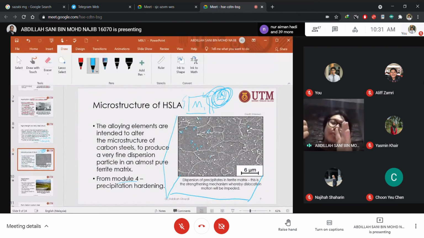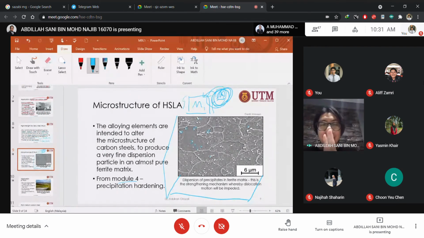it will harden the material by the mode of solid solution, so it dissolves, becomes solid solution, whether it is substitutional or interstitial.